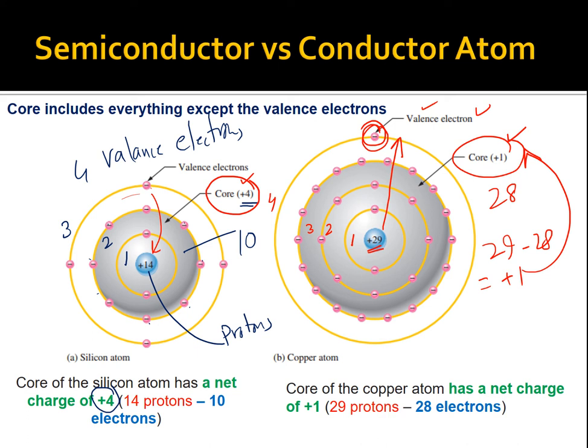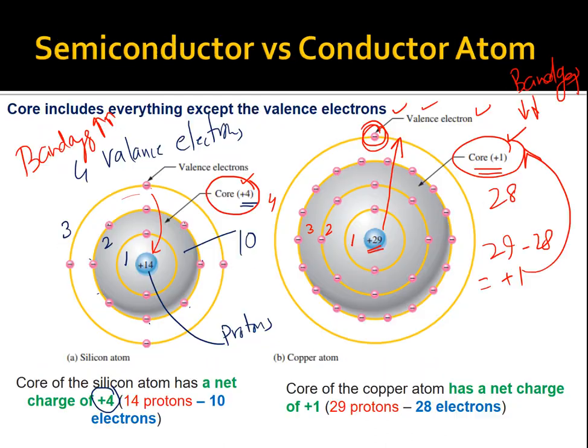So this is the difference between the semiconductor and conductor atoms, and that is the reason why for the semiconductor material we need higher band gap energy, and for the conductor we need lower band gap energy, because of the lower bonding of the valence electrons with the nucleus and the lower net core charge.